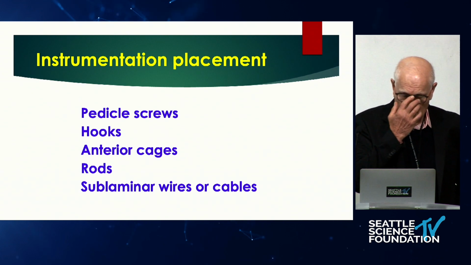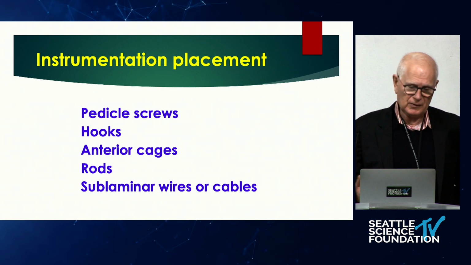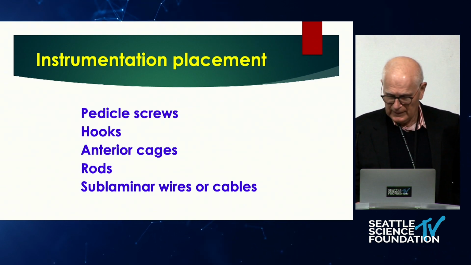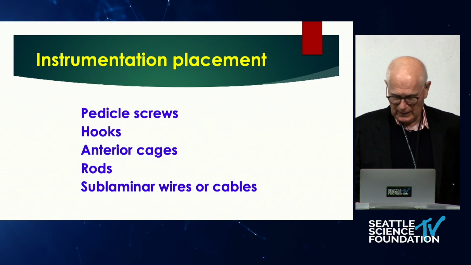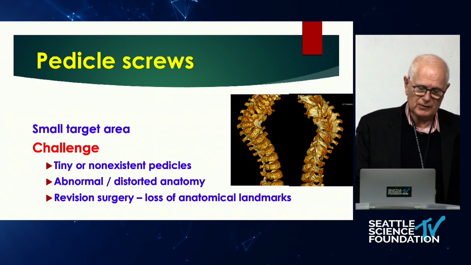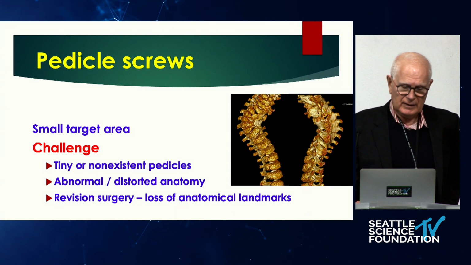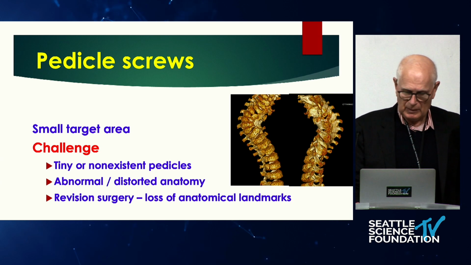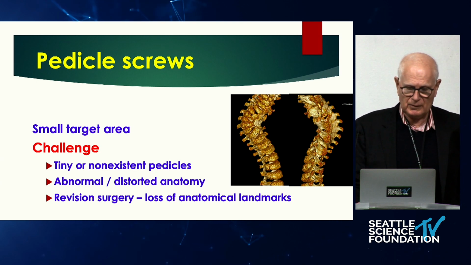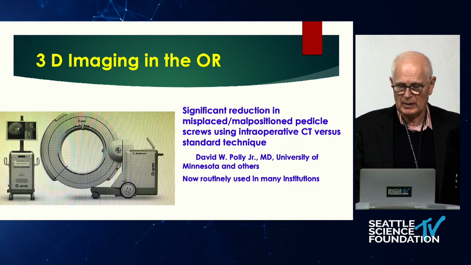What about the instrumentation placement? Very briefly, we put all kinds of screws, hooks, cages, rods, wires. So it's no surprise that there could be issues, particularly in some of these kids who have a very distorted anatomy, tiny or non-existent pedicles, and/or they have multiple previous operations where the loss of the anatomical landmarks is pretty much a rule.